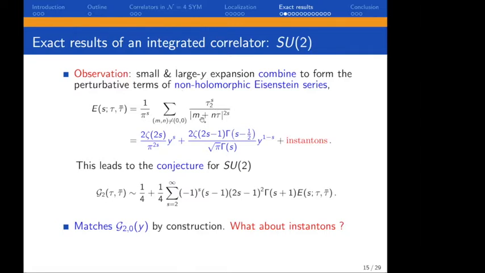And people know quite well about this function, especially they understand the Fourier expansion of this function. Fourier, in the sense, expanding this as a Fourier mode around tau 1. So tau 1 will be related to the theta angle, namely related to the instanton counting. So this function contains, particularly, two perturbative terms, which take this particular coefficient, and instanton terms.